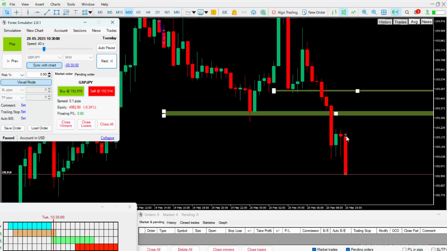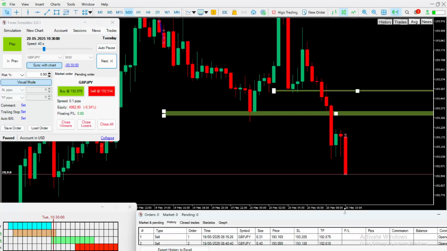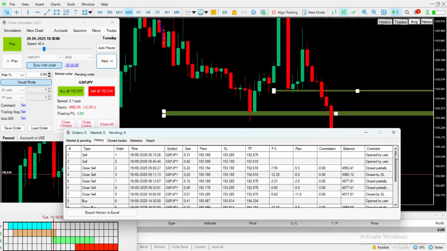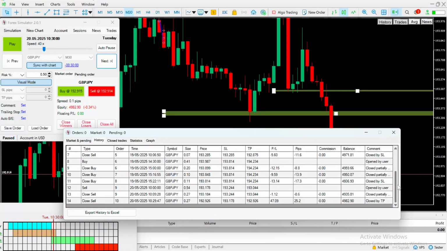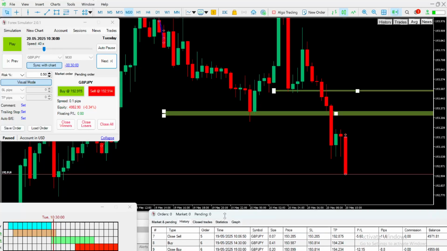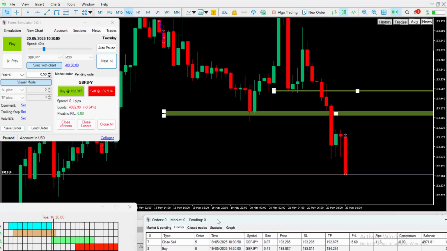I closed half of it, but still we managed to make half of it, so I was risking just $12, right? And I made 50. That's like 4 or 5% if I just let this go on the trade. But that's okay. We're only now less than 0.5% down.